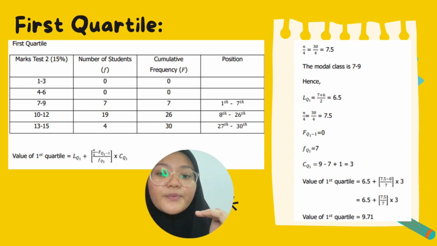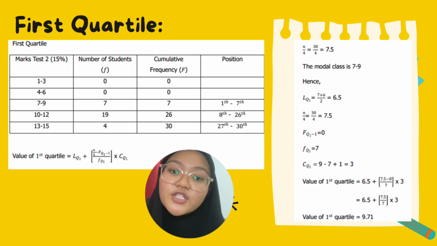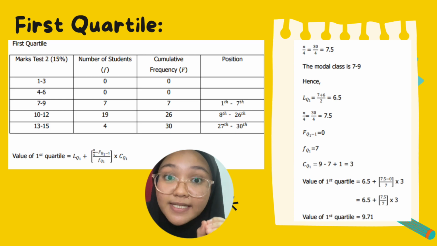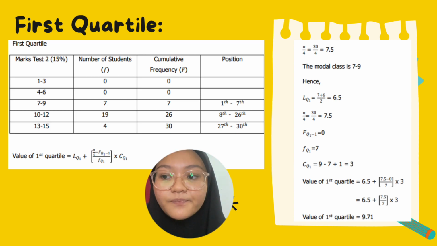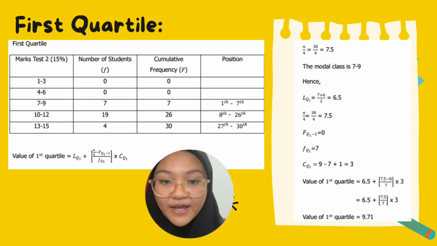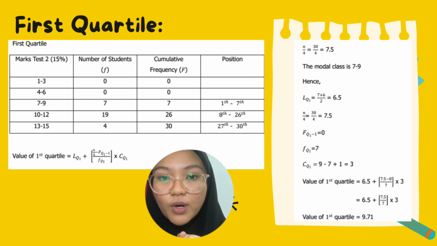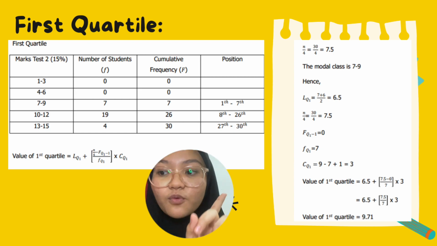Now that we have all the positions listed, we can proceed to use the formula of the first quartile. The formula is LQ1, which is the lowest class boundary for the first quartile. In the bracket, we will have N, which is the same as before, the total frequency, but this time it is divided by 4. And we will minus it with FQ1 minus 1, which is the cumulative frequency before the first quartile class that we chose.